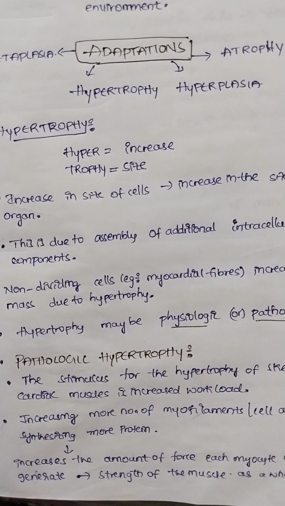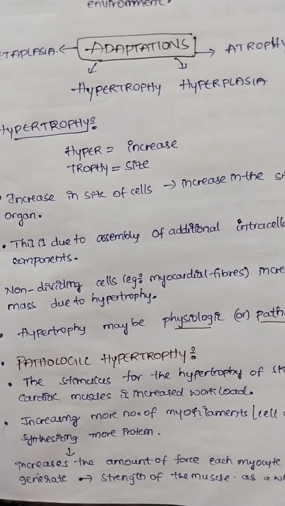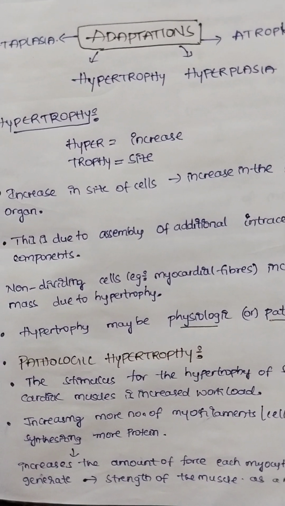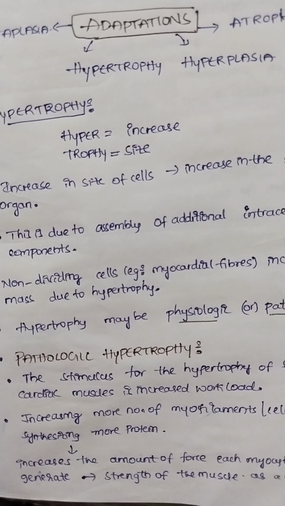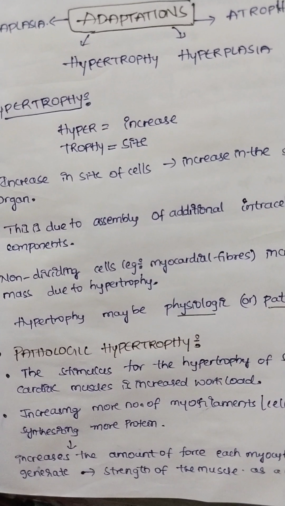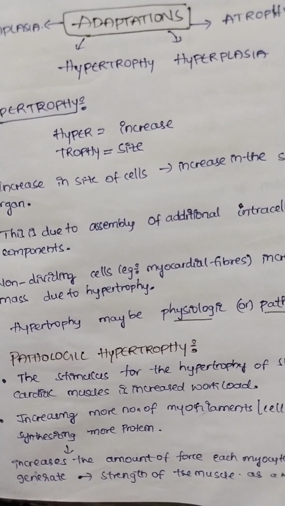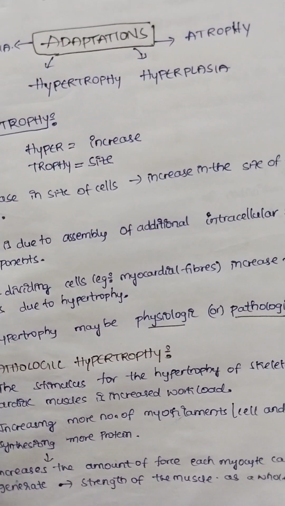By increasing this they will increase the amount of force. They are synthesizing more protein, right? This more protein will help in increasing the amount of force generated by each myocyte, so that they can generate more force, and the strength of the muscle will be increasing as a whole.